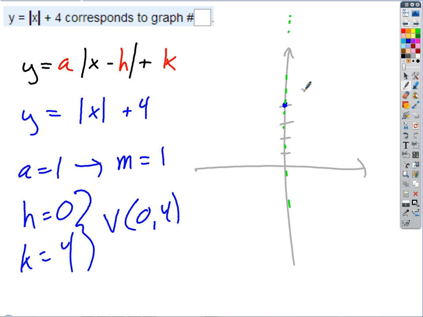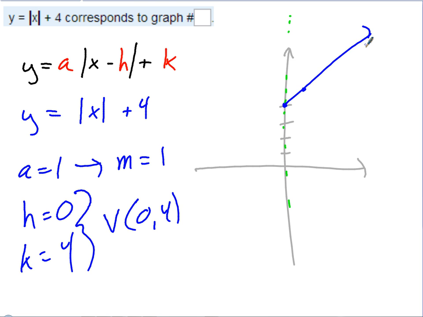And there's the right side of the V. So when I fold it over, what's the left side going to look like? It's going to be up 1 and back 1 instead of over 1. Make sense? Okay, so that's what we have to find on the graph.